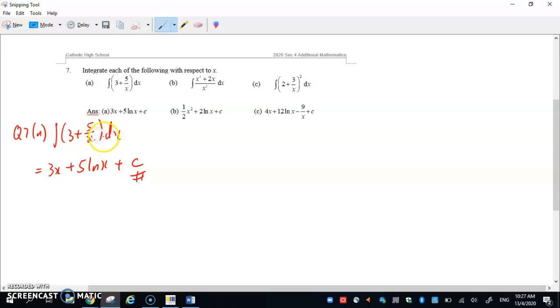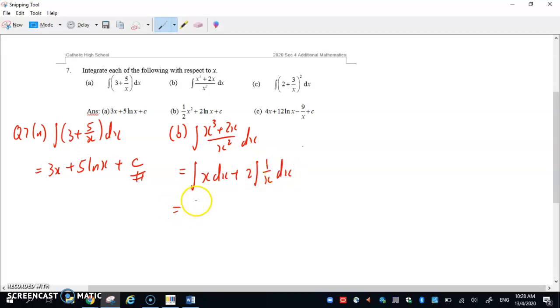So for 1 over x, if we integrate, we can directly get ln x. For part B, again, you may split your integration into two parts: x dx plus 2 times 1 over x dx. Simply what you get is half x squared plus 2 ln x plus c. So that's your answer.